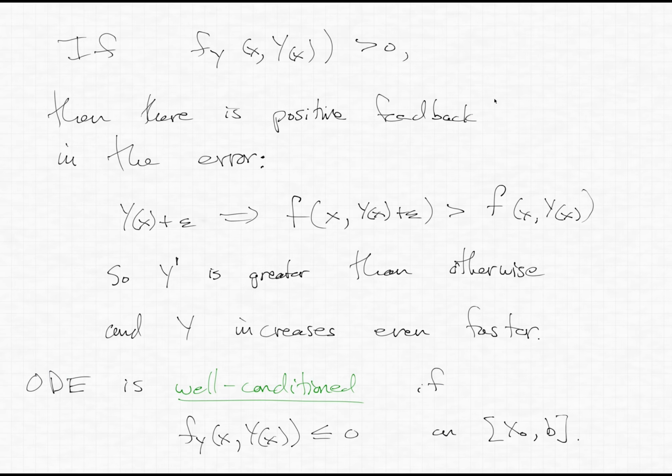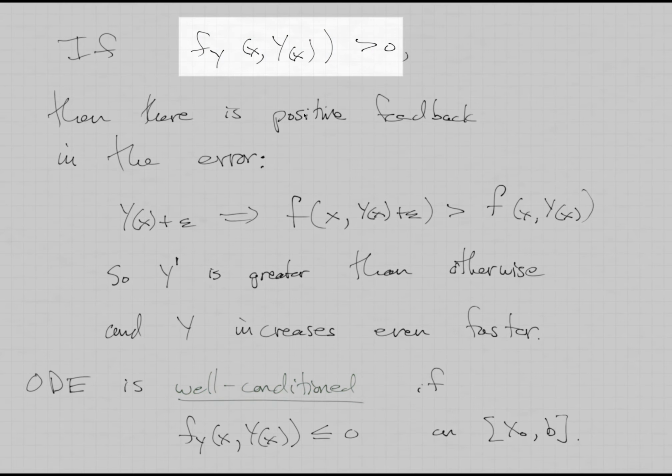Okay. Now, one other thing to mention: what can make the numerical analysis of these differential equations difficult? One thing that can make it difficult is if the derivative with respect to the second argument of f, that is f sub y, is positive, that can cause trouble, because think about what that means.